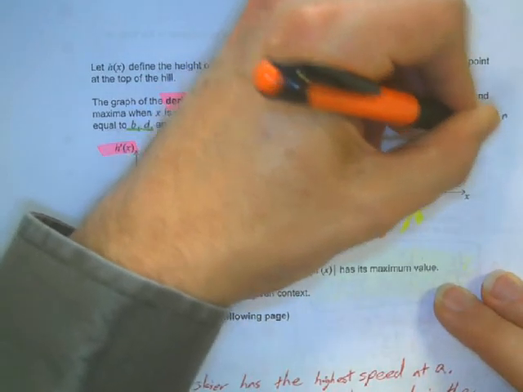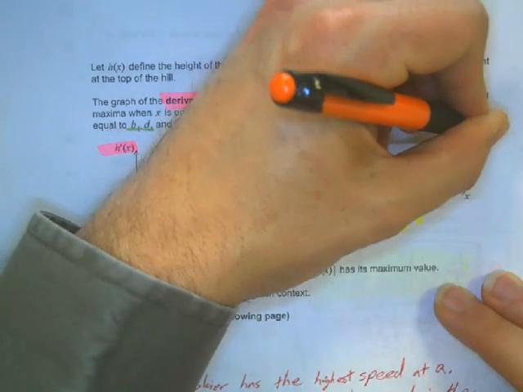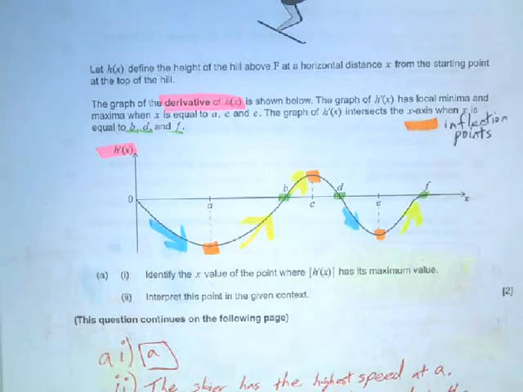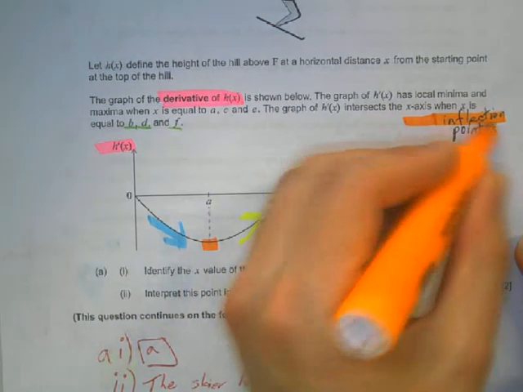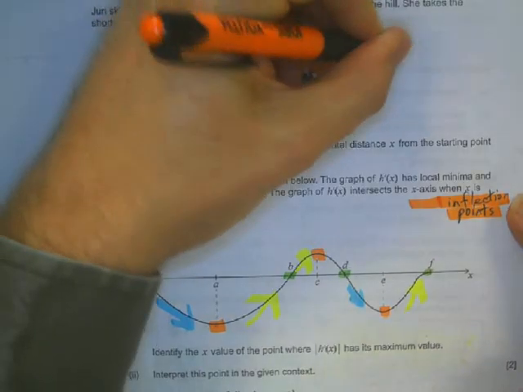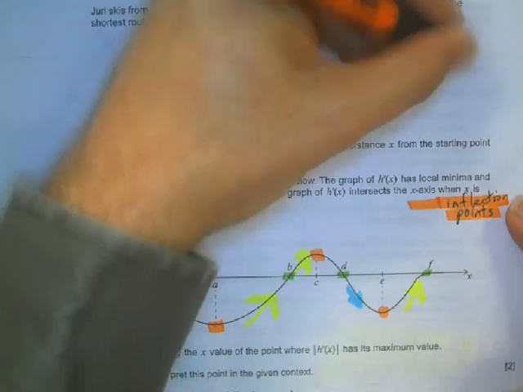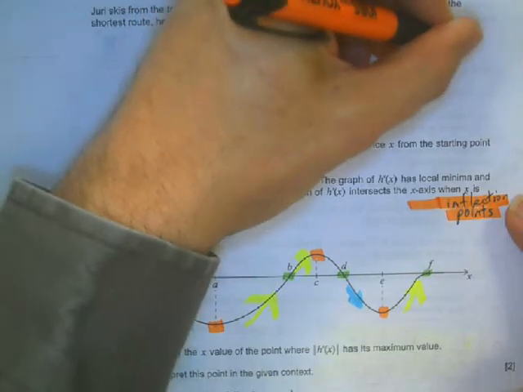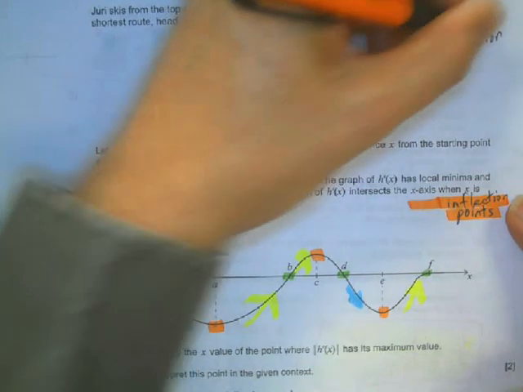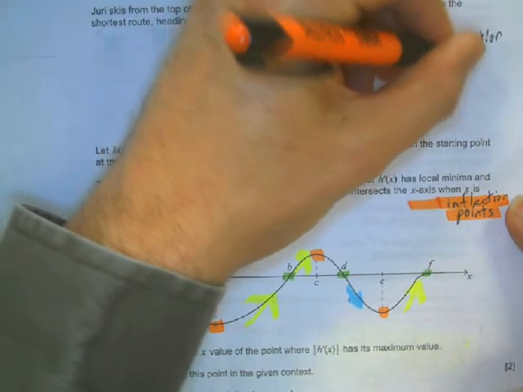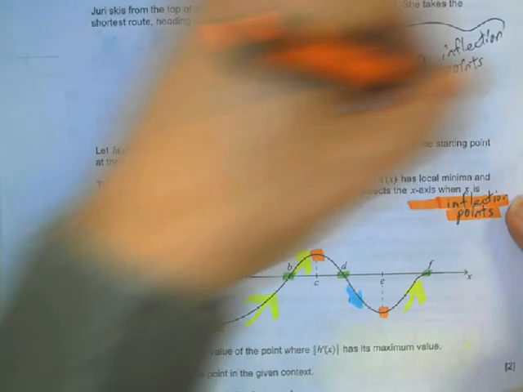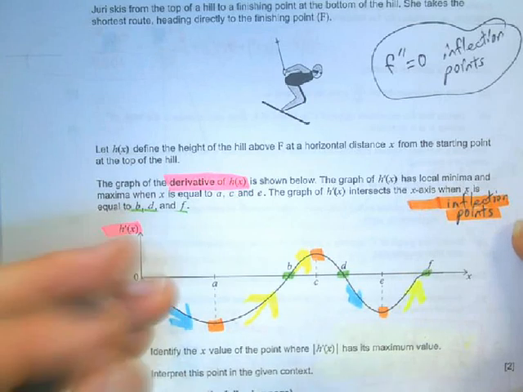Why is that going to give us an inflection point? Because the second derivative, when the second derivative equals 0, we have inflection points. Right? So when the second derivative equals 0, we have inflection points.